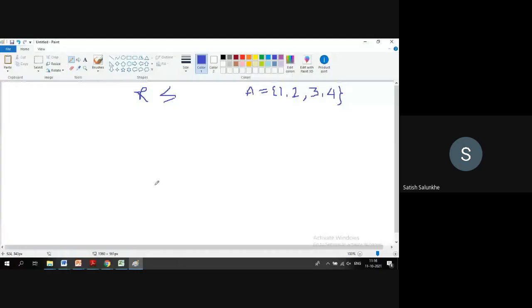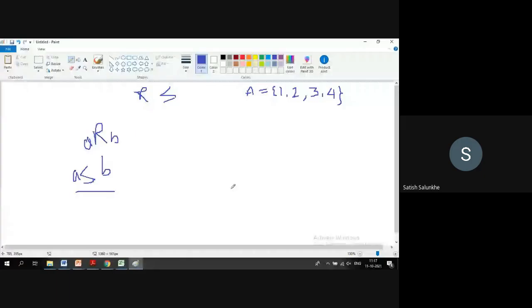So less than or equal to is the relation. You can see the relation A R B, that is, A is less than or equal to B. This is the relation. Now, 1 is related with 2, 2 is related with 3, 3 is related with 4.